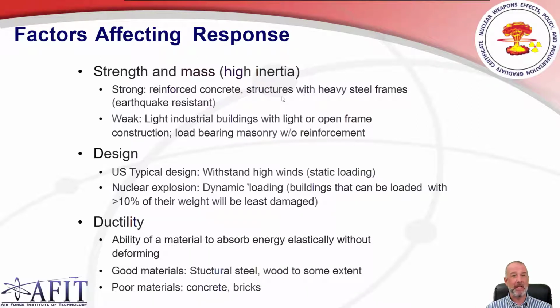Hopefully this makes intuitive sense, right? So if something can give without breaking, it probably can withstand more pressure or more force against it than something that just has a line in the sand where if you apply enough force past that point, it'll simply fail.